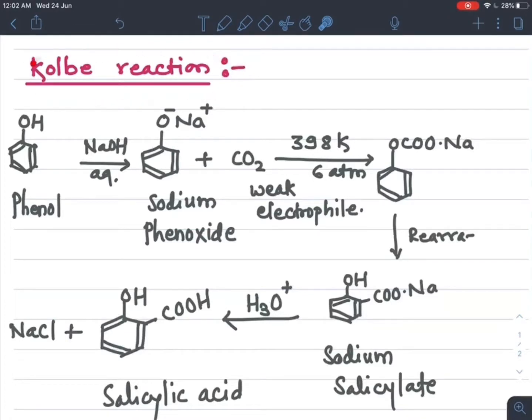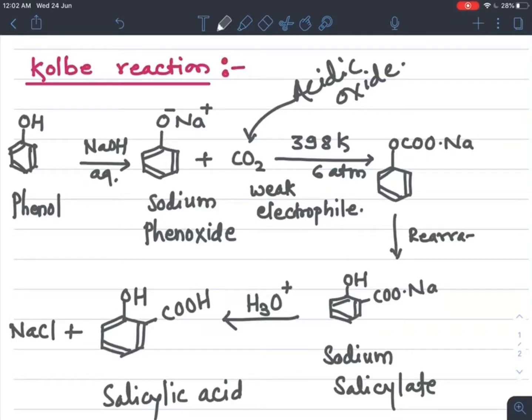So what is the Kolbe reaction? In the Kolbe reaction, phenol is treated with carbon dioxide, which is actually a weak electrophile, or an acidic oxide. This point, that CO2 is an acidic oxide, is also most important for the MCQ.